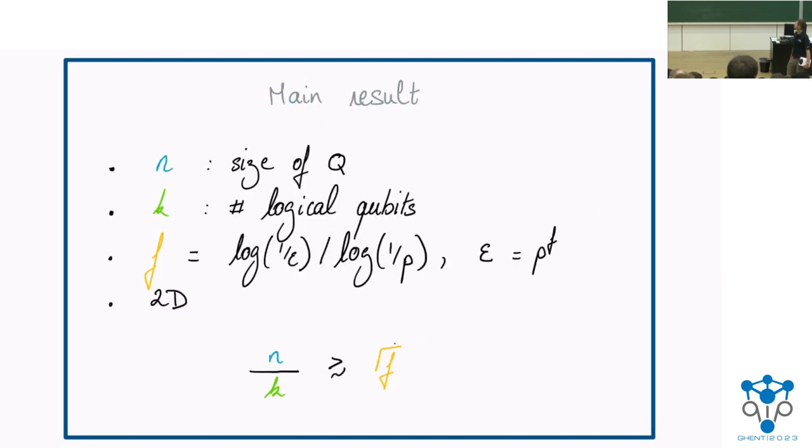The reason why we use f and not d is that you might have a code whose distance is actually quite small, but it might still be able to correct noise up to a high probability. So the distance is not the end-all be-all, if you will. f captures much better this ability to suppress errors.